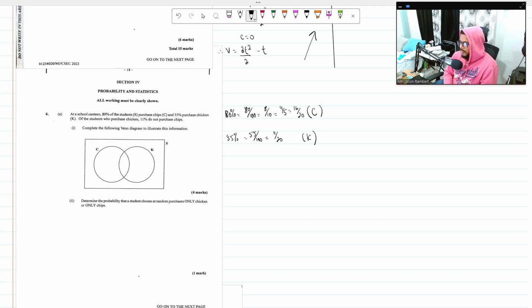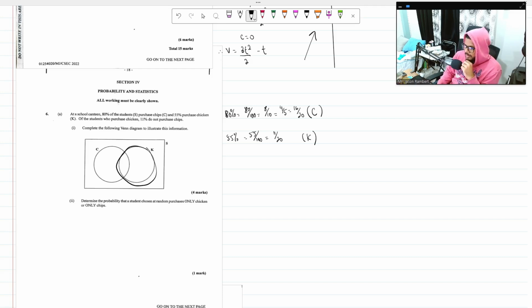So if I work strictly in percentages, right? If 55% purchase chicken, this whole thing is 55. And out of the students who purchase the chicken, out of the 55%, 11% do not purchase chips.